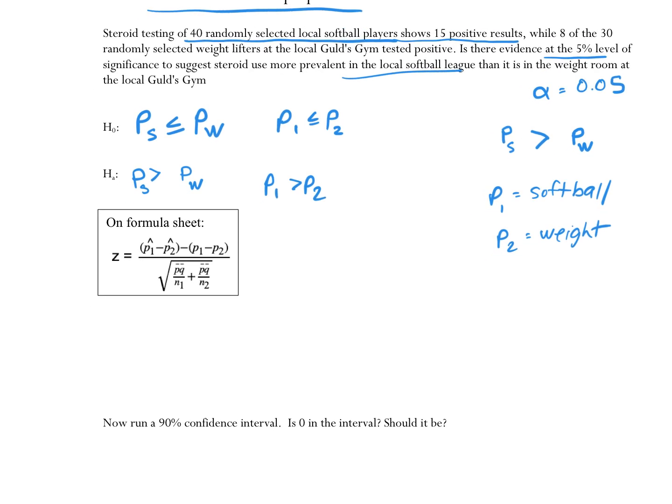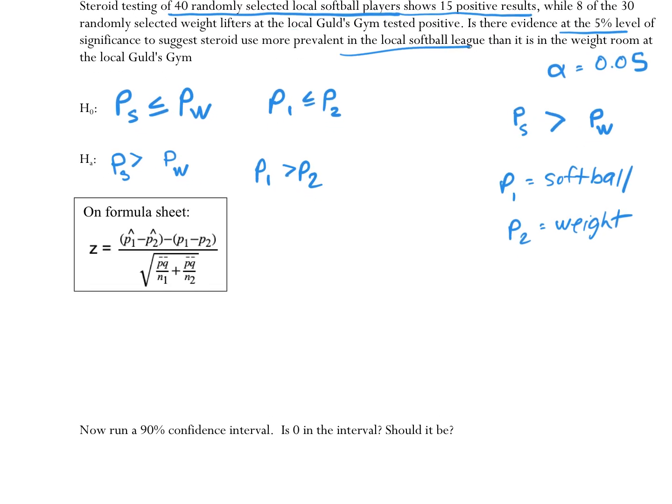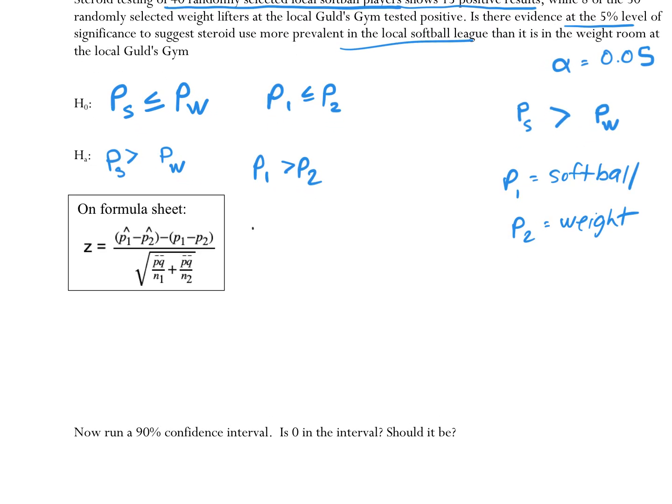The next thing I'm going to have us do to test these hypotheses is figure out what our critical values and rejection regions are.